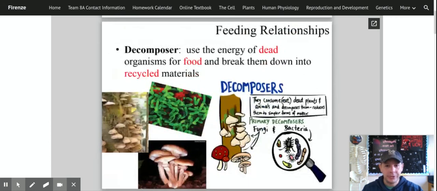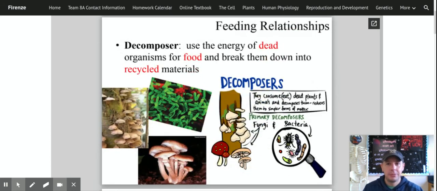Okay, decomposer first. This is one that we haven't really talked about too much yet. A decomposer uses the energy of dead organisms for food. It breaks them down into recycled materials. So fungi and bacteria, mushrooms, those are all decomposers. They take the nutrients that are left over from a dead organism and they break it down and return it to the soil in order for more plant life to grow.